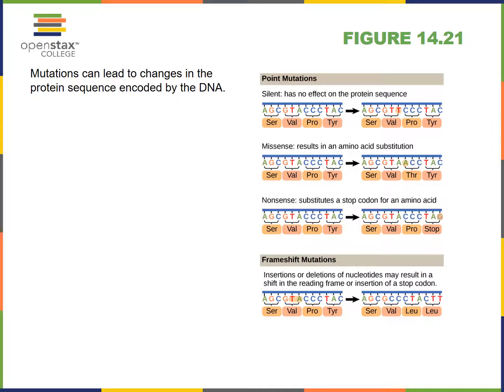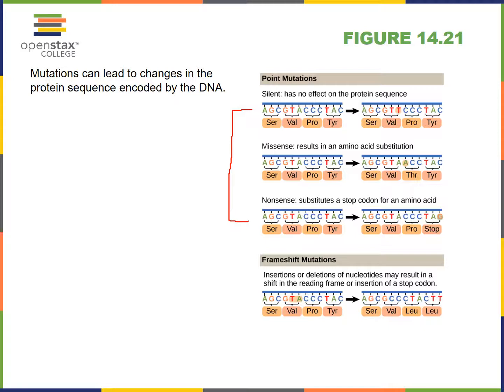Okay, so the last little section is on types of mutations. The first three are going to be point mutations. A point mutation is where you exchange one nucleotide for another.